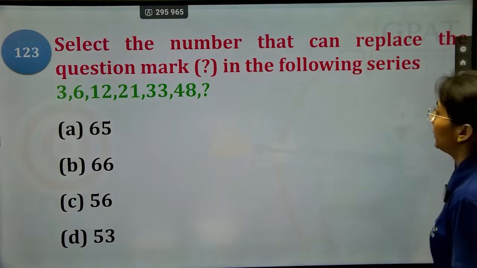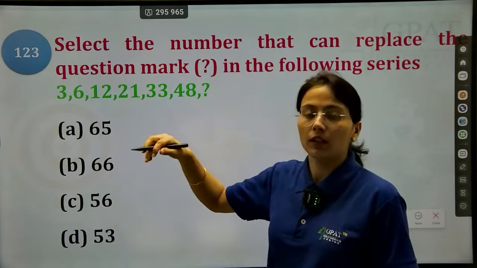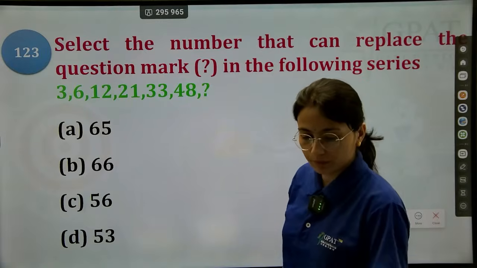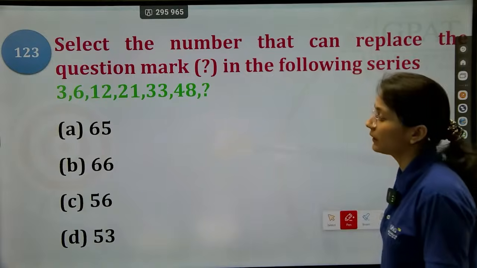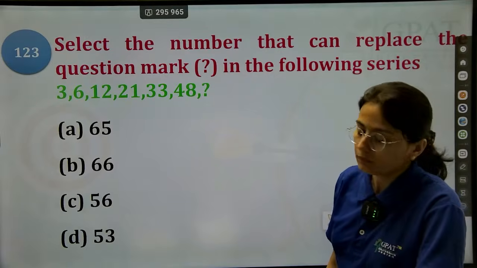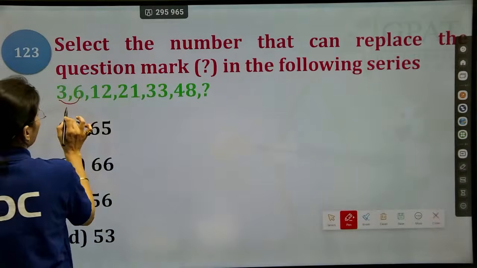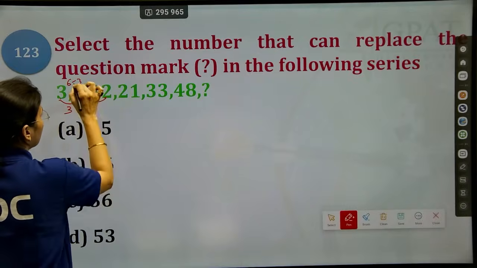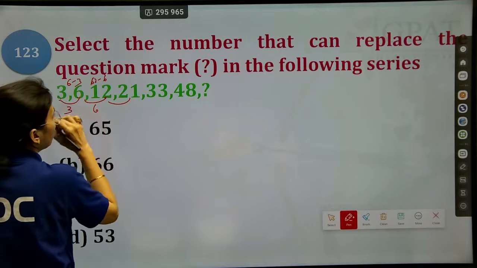Now we have to complete this sequence, replacing the question mark with a suitable number. What number is suitable for this series: 3, 6, 12, 21, 33, 48? If you see, there is a difference of 3: 6 minus 3 is equal to 3, 12 minus 6 is equal to 6, 21 minus 12 is 9.